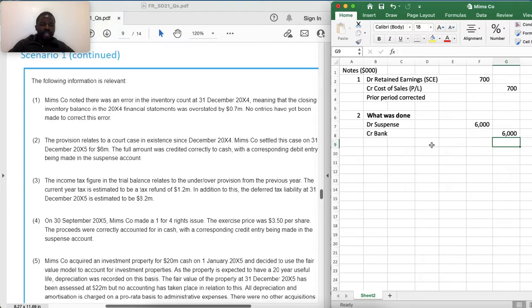So the line for bank was correct, but the leg for suspense was wrong. Now we need to correct that entry.